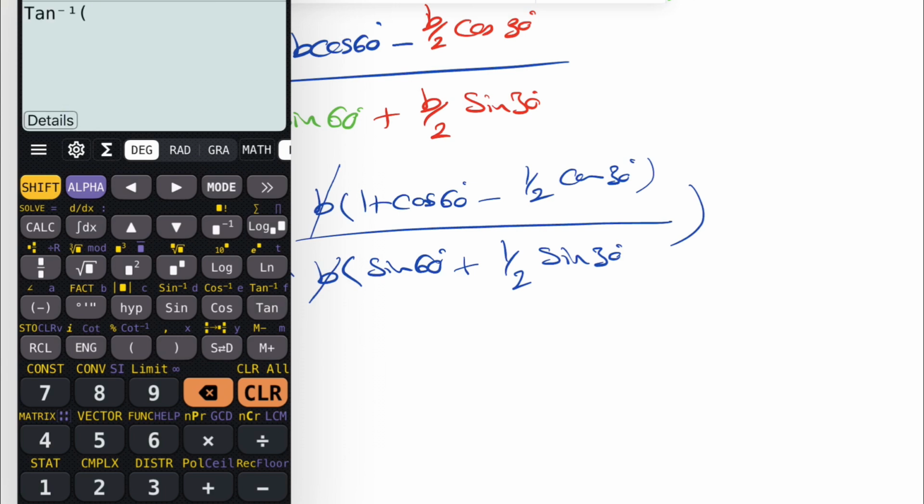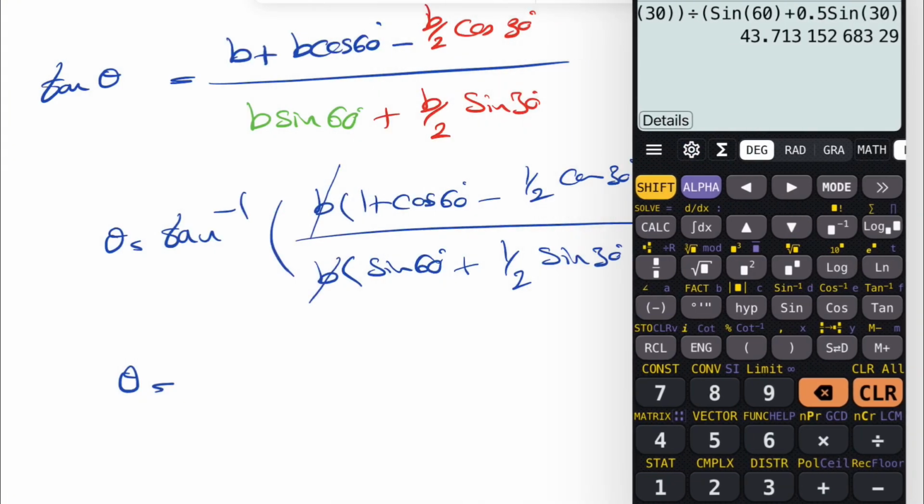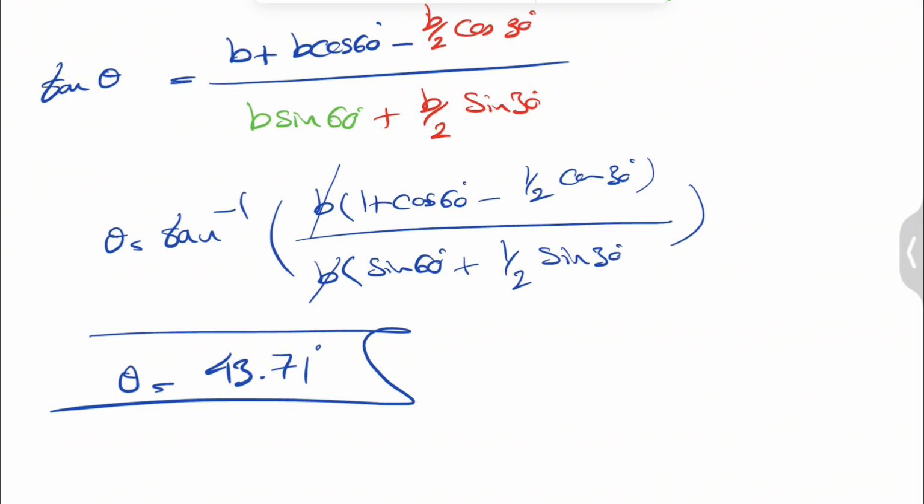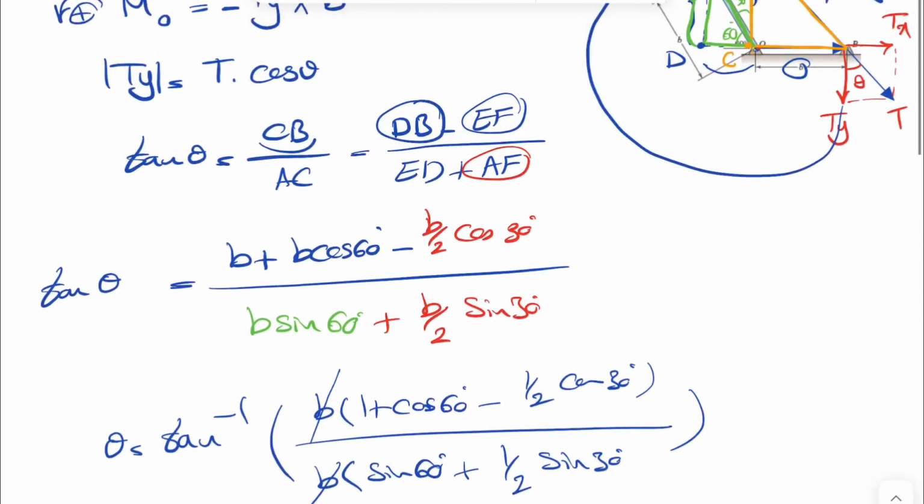So tangent inverse of (1 plus cosine of 60 minus 0.5 cosine of 30) divided by (sine of 60 plus 1/2 of sine of 30). Now our angle here would be 43.71 degrees.